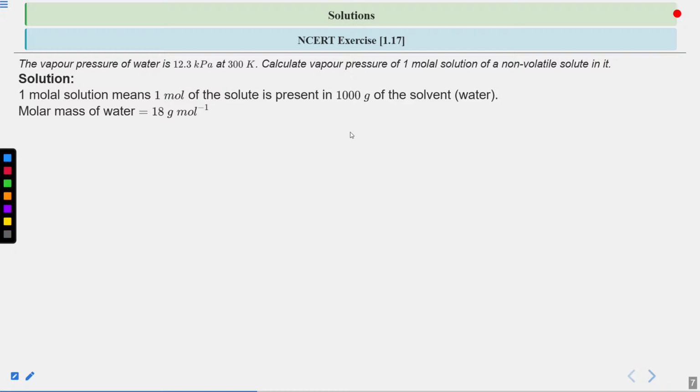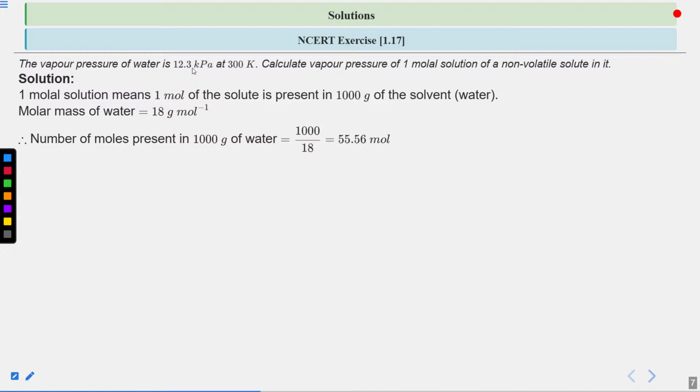But we know that the molar mass of water is 18 gram per mole. From here we can calculate the number of moles. But why are we calculating the number of moles? Because this is a case of relative lowering, and for the relative lowering we know that it is related to the mole fraction, or I would say more appropriately it is related to the ratio of the solute moles to the solvent moles.